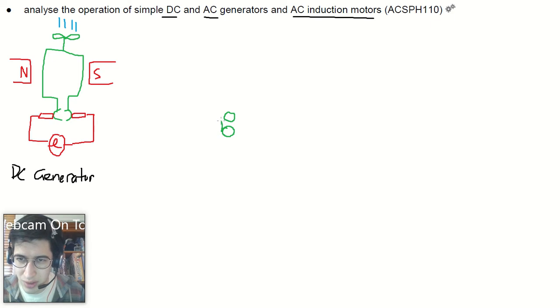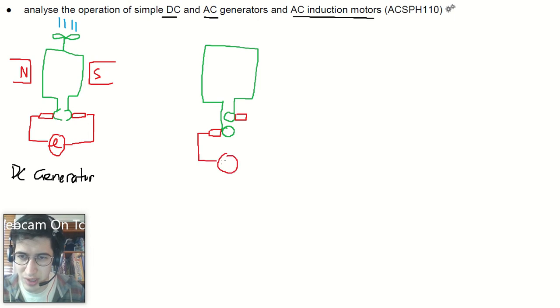This ring is connected to one side of the coil. So here's our coil, and the other side of the coil is connected to that ring. Both rings are then connected to their own brushes, and they're both connected to whatever's using the electricity.